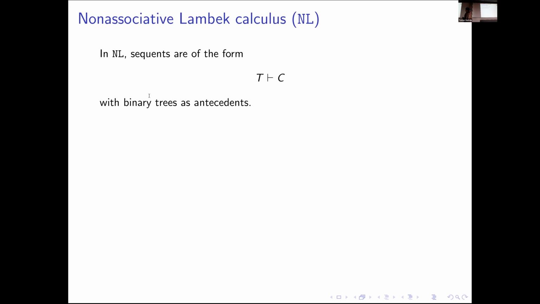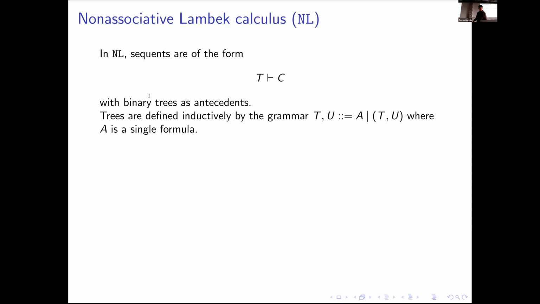And then what about the non-associative Lambek calculus? In here the sequents are of the form like this, where the antecedents are binary trees instead of lists. Trees are defined by this grammar: a formula is a tree, and if we have two trees, we can form a new tree.